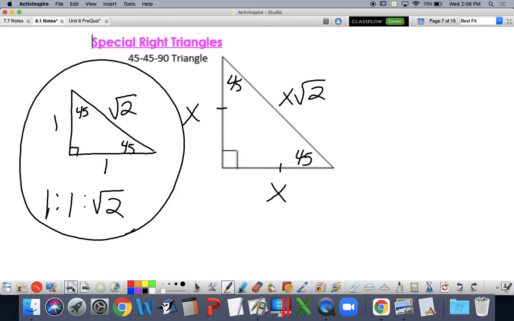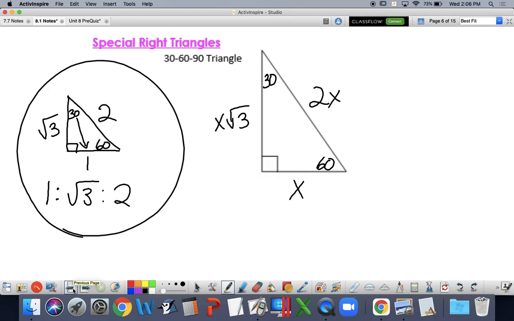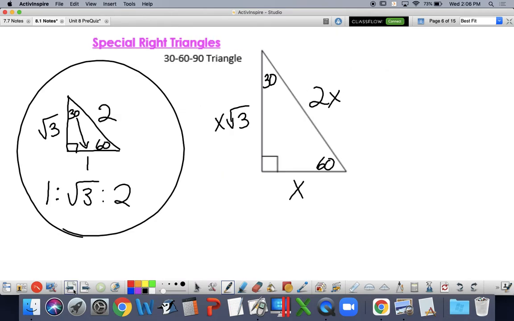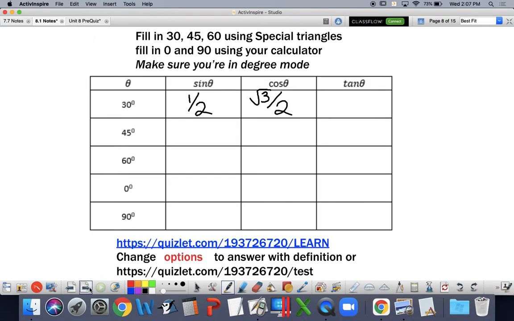The cosine is adjacent over hypotenuse, the square root of 3 over 2. And then tangent is opposite over adjacent, so 1 over the square root of 3, which unfortunately I'm going to have to simplify. I get the square root of 3 over 3.